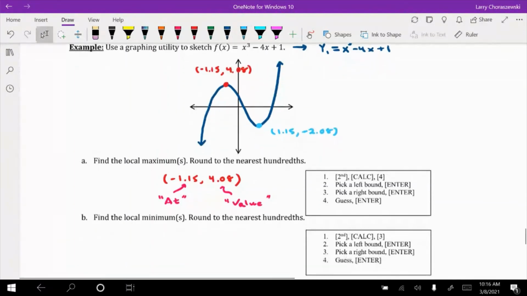And that's going to be our answer to part B. And again, not necessary, but helpful later on. 1.15 is where this minimum is at relative to the x-axis, and then the value of it is roughly negative 2.08.